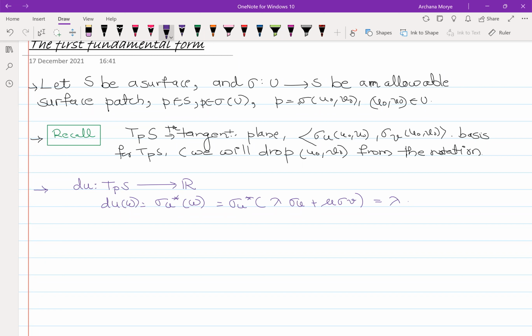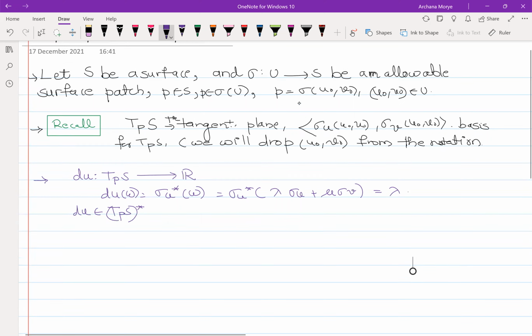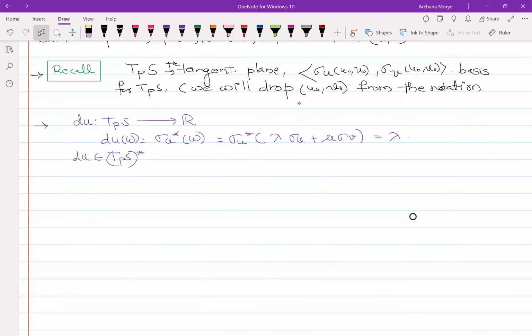Because of that, this du is an element of Tp star. Those who know differential forms, for them I'm writing this. This is an element of Tp star, which is generally called the cotangent space, okay?